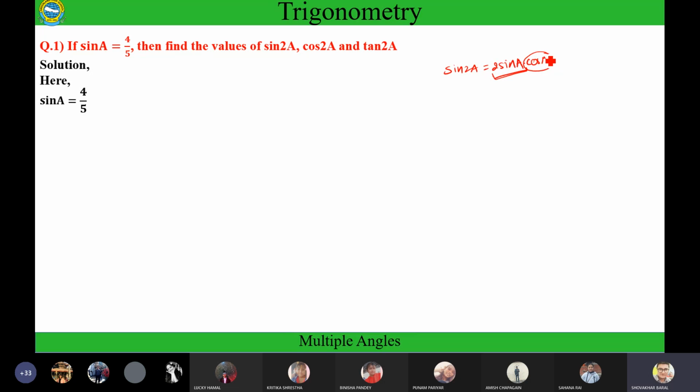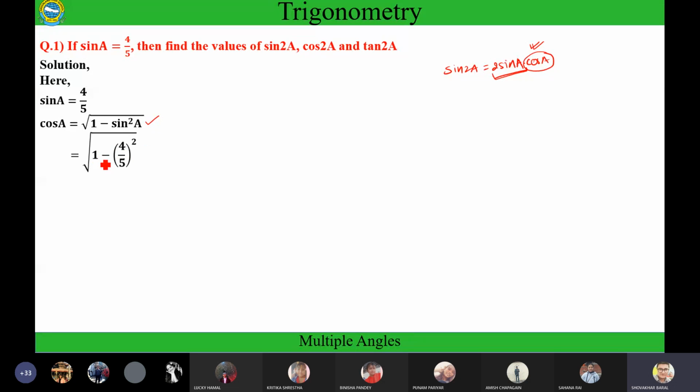So let's use the formula and the technique that we have done already to find the value of cos A. We can use any technique to find it, but the best way is to use the trigonometric ratios, square relations. So we know this formula, cos A is equal to square root of 1 minus sin square A. Let me replace the values here.